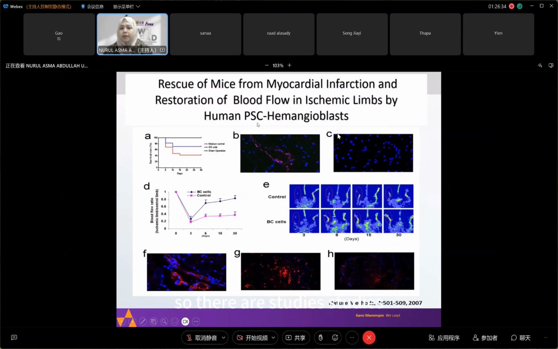There are studies showing that they can rescue mice having myocardial infarction by restoring the blood flow in ischemic limbs using human pluripotent stem cells, hemangioblasts.